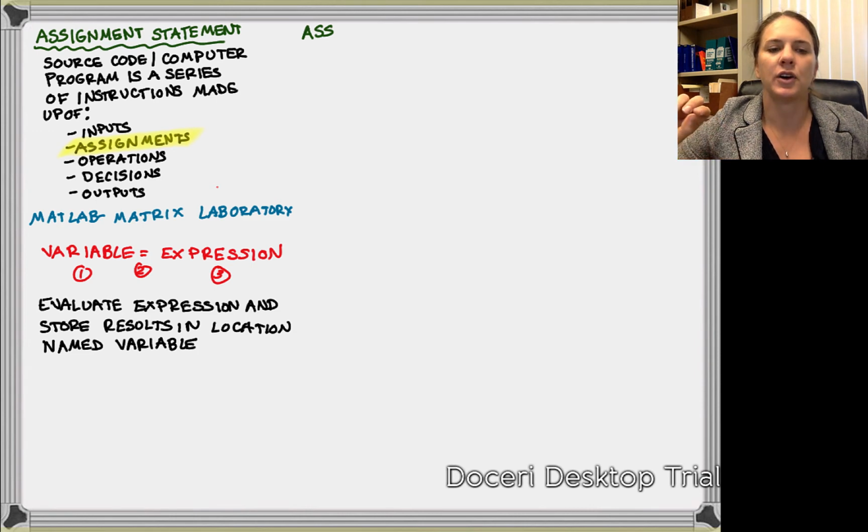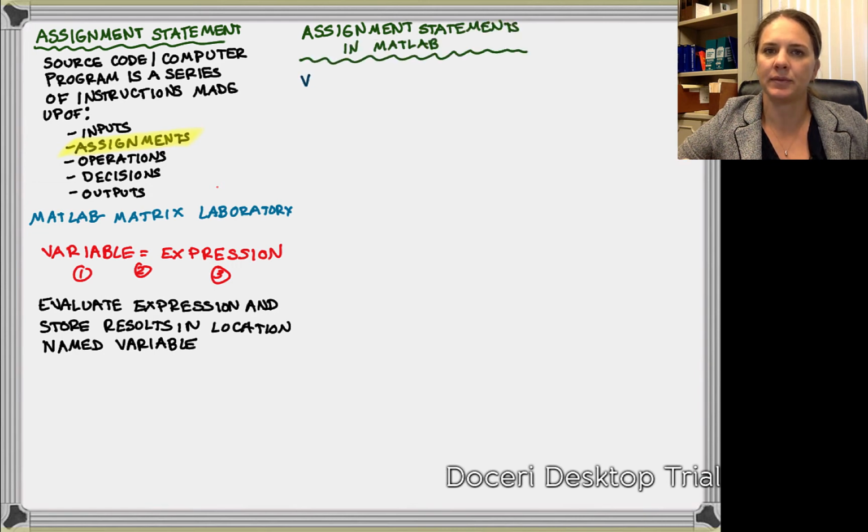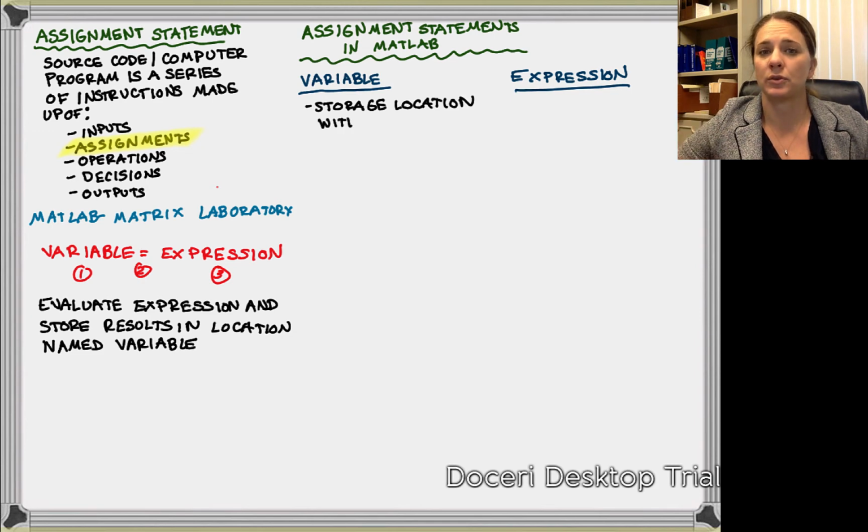Okay, so the name variable, we're going to pick something that makes sense based on what it is that we're looking at, and we'll talk about what can be in the expression as well. So in Matlab, we're going to first talk about what the variable name could be, and then we'll talk about the expression. So the variable is the storage location with some name.